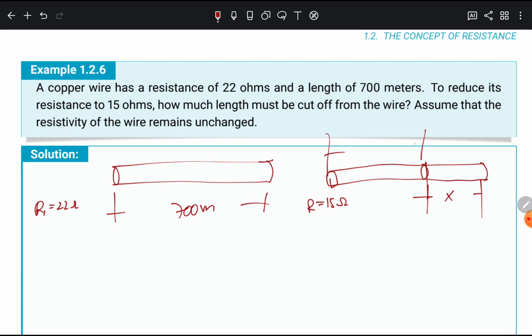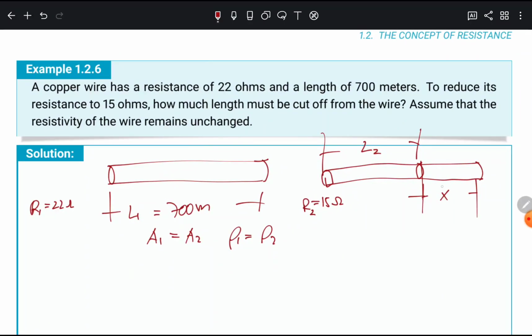So if this remains, this will be our new L. This is L1. That will be our new L2 if R2 is equal to 15 ohms. Because we're not drawing this wire, we will assume that the area is the same as the previous one. And it doesn't include volume, so that's true. And also, the resistivity is the same because it's the same copper wire.